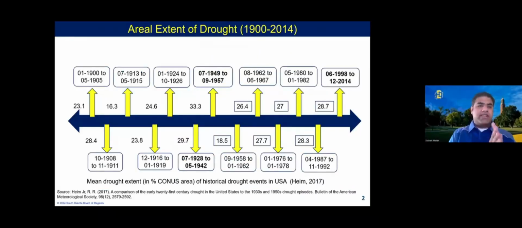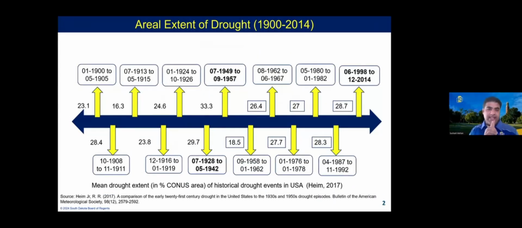Okay, so the graphic on the slide highlights significant drought events in the contiguous United States over the last century, comparing the mean drought extent. We can see drought episodes spanning from 1900 to 2014, with the yellow arrows indicating the percentage of the continental United States affected by these droughts during these periods. The noticeable episodes include the drought from July 1928 to May 1942, commonly known as the Dust Bowl, where the mean drought extent reached 29.7% of the United States.